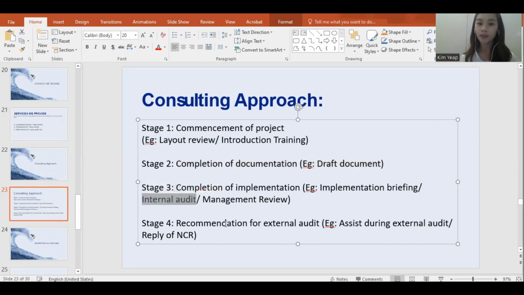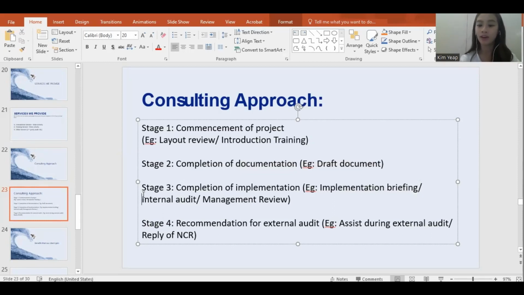But for them to do the internal audit, sometimes they might not be so familiar. Like you have never heard about internal audit before. Our clients do not know what an internal audit is before meeting our consultant, before our consultant shares with them that they need to do an internal audit.